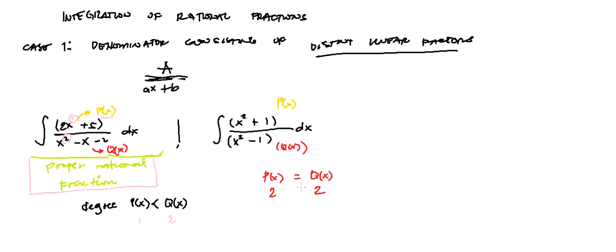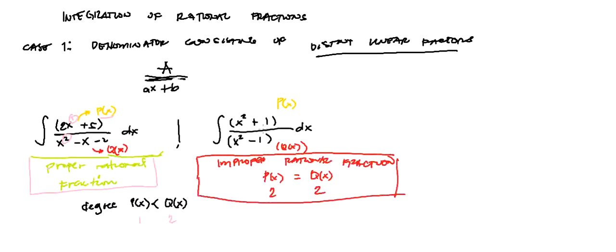By the way, this is called an improper rational fraction. So this example is a sample of an improper rational fraction. So how can we make this improper rational fraction a proper rational fraction?